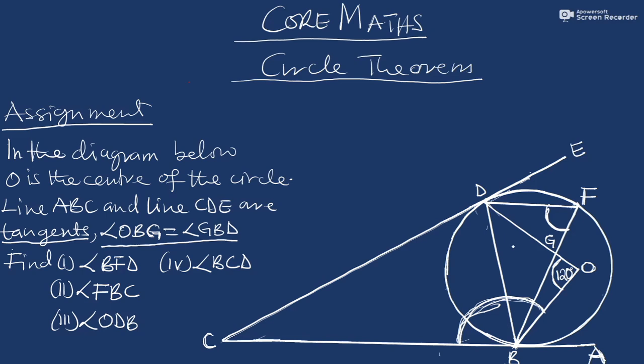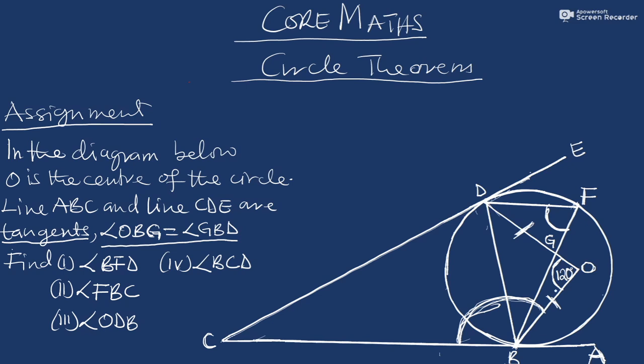Now looking at the diagram again, this line is a radius. This line is also a radius. So the length of this is the same as the length of this. So this side is equal to this side because they are all radii.